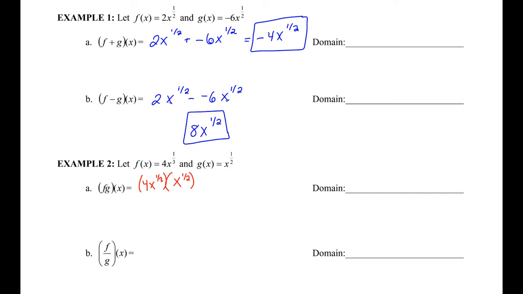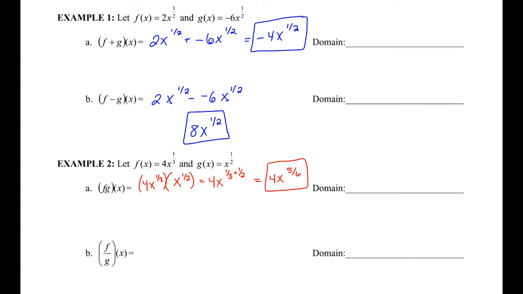And using our properties of exponents, it tells us because we have the same base of x, that we're going to add the exponents together, which gives us 4x raised to the power of 5/6. And we're going to talk about the domain in class.